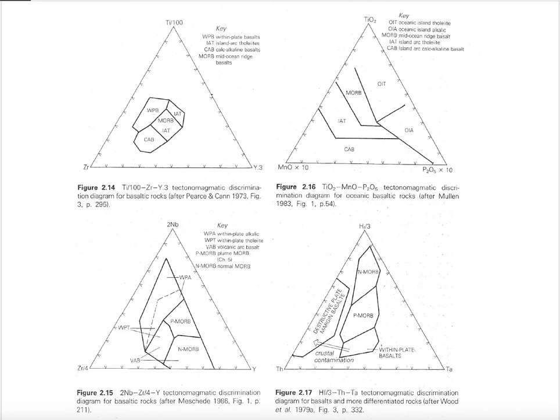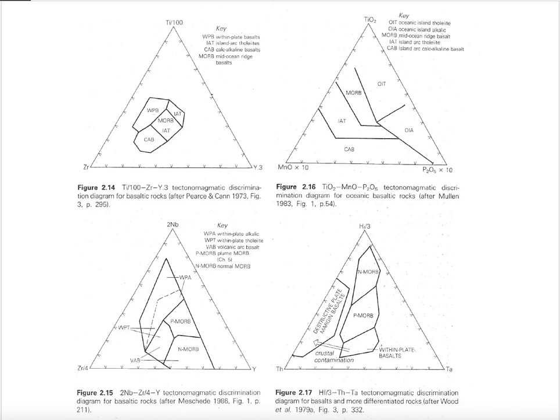In the next diagram below, on the left side, we are plotting at the top 2 times Nb. Then we have zirconium divided by 4 in the left corner, and yttrium at the right side. And we have the different fields here. WPA, these are within plate alkali basalts. Then we have WPT, these are within plate tholeiitic basalts.